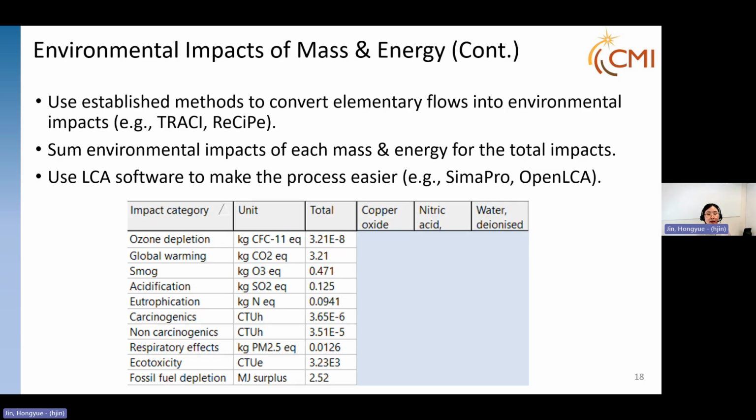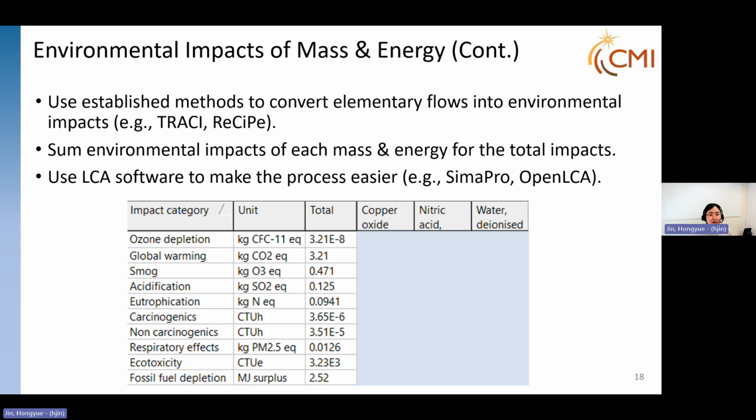Okay, and then once we collect the elementary flows, which are enormously long, thousands of data entries, we want to convert them into environmental impacts such as global warming. And we can use established methods such as TRACI, developed by US EPA, and ReCiPe, developed by European institutions, and then sum the impacts of individual elementary flows for the total estimate.